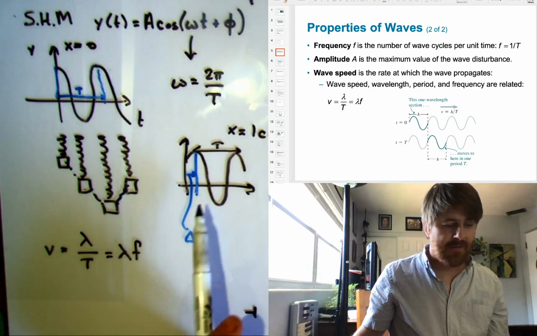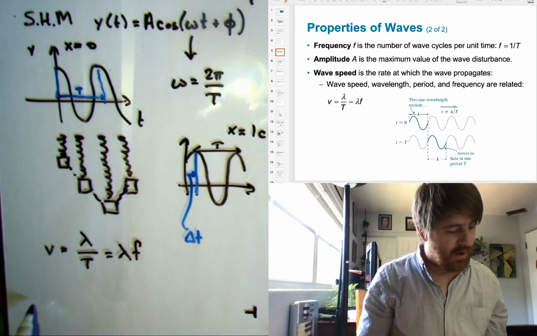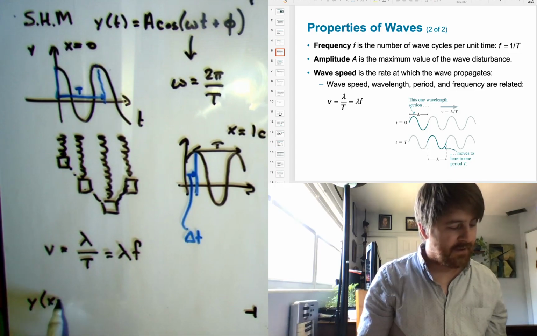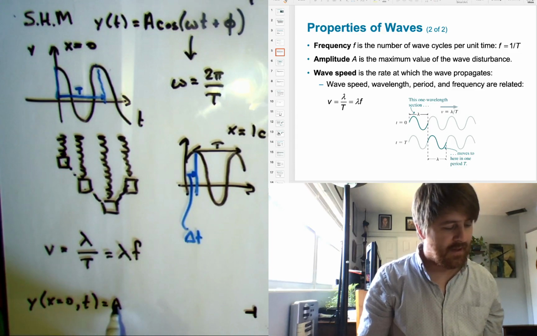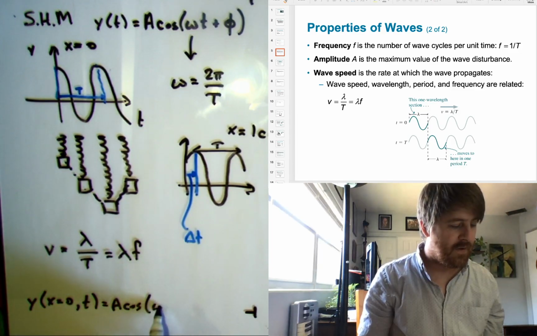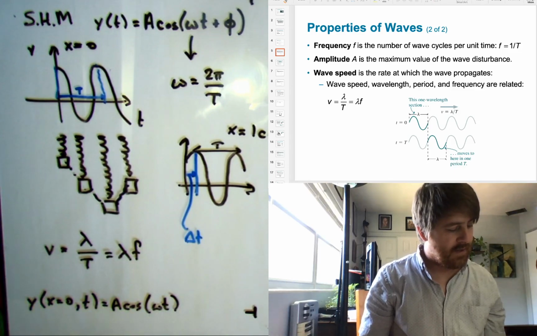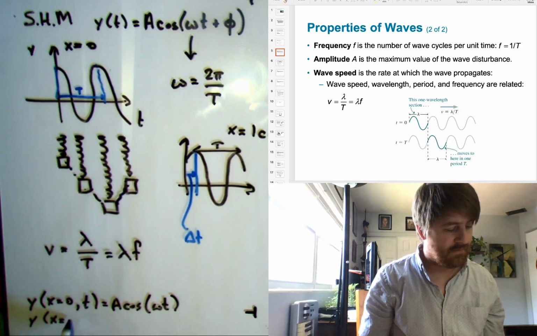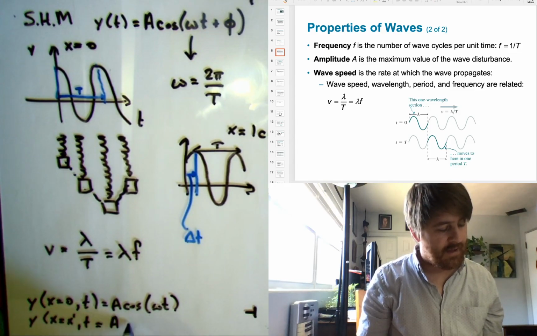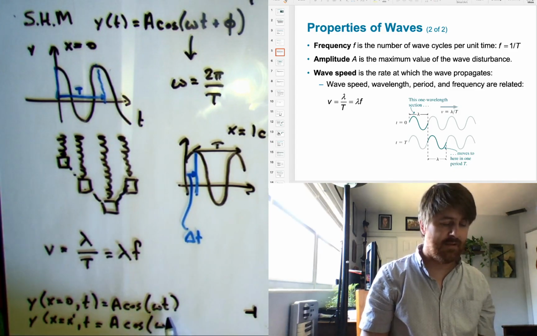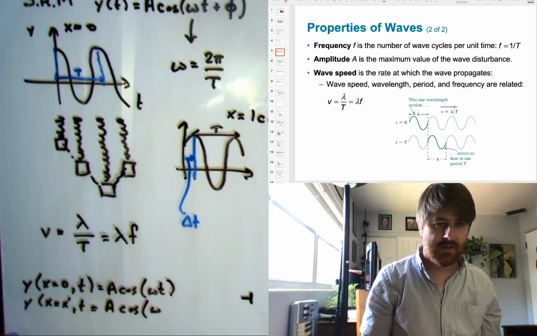So, if I want my wave motion to start, let's say y of x equals 0, t is a cosine omega t, then y at x equals some other x prime, we'll call it t, should be a cosine omega times, I should replace this t with something else.